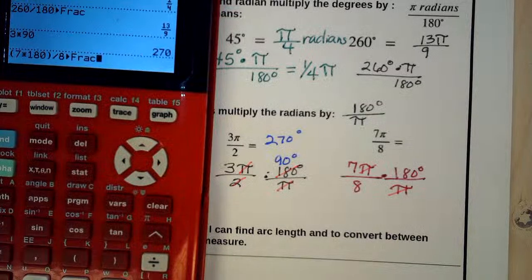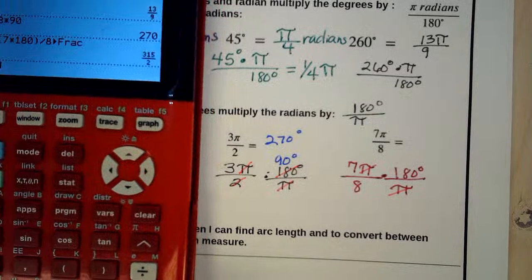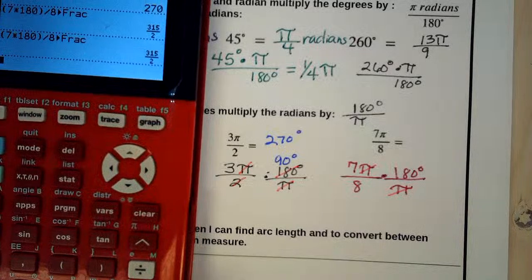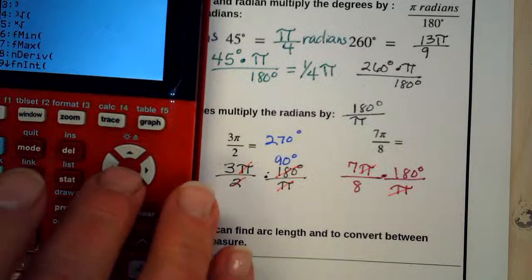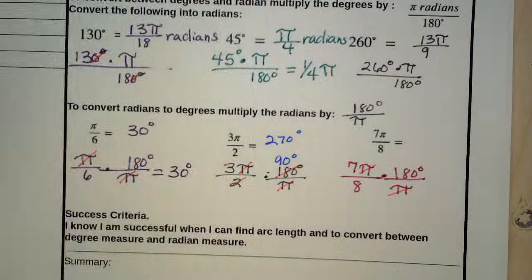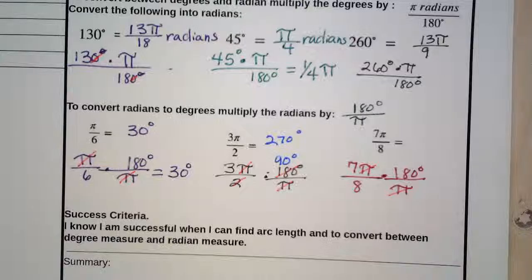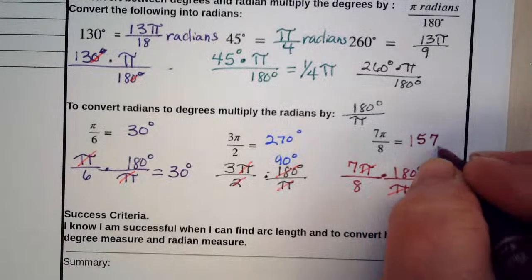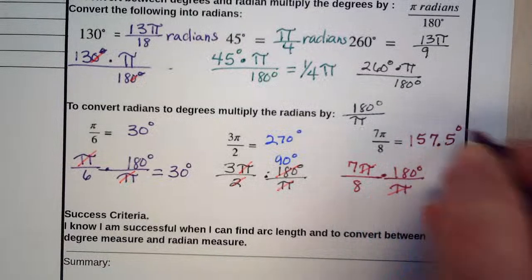Math button, enter, enter. I've got 315 divided by 2. If I wanted to do the decimal, I'd go down to the decimal. 157 1/2. That would be degrees.